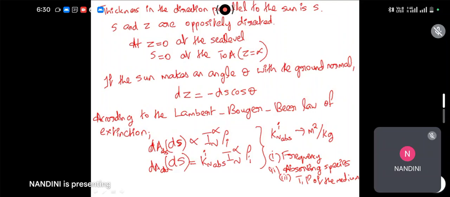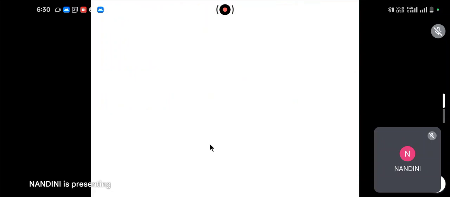So in this case, consider an atmosphere with a differential thickness dz and spectral intensity at altitude z.